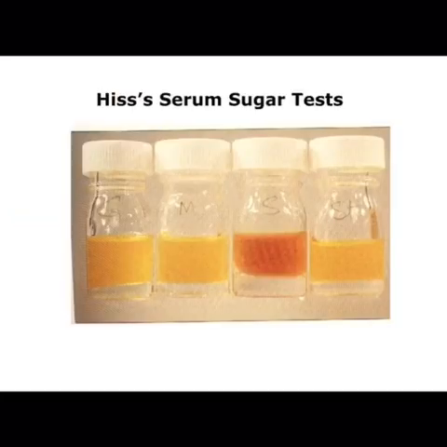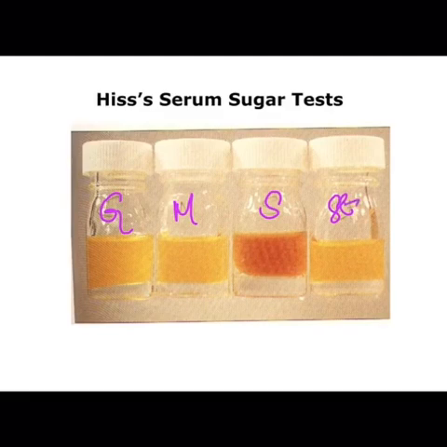Now, in case of biochemical tests, there is a test known as Hiss's serum sugar test, and it consists of glucose, maltose, sucrose, and starch. Once there is acid production following sugar fermentation, a distinct yellow color is produced, and this is because of the phenol red indicator present inside these tests.